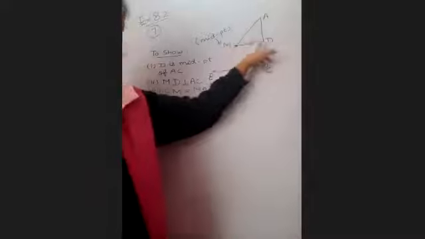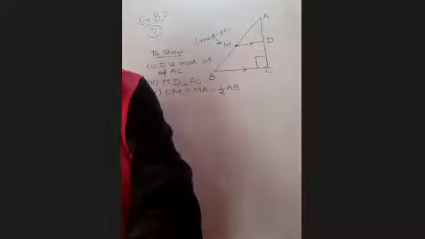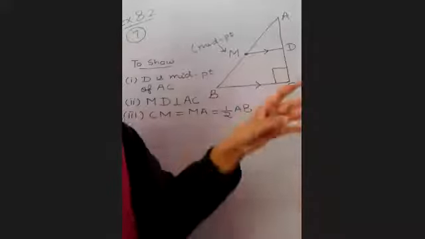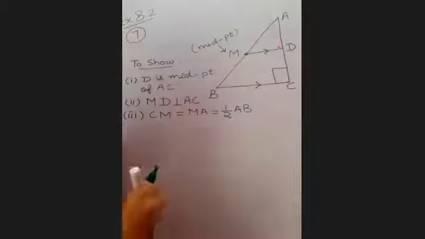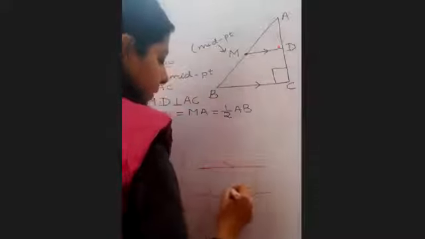Next, what they are asking us is to show MD is perpendicular to AC. Now MD will be perpendicular to AC when this angle will be what? Ma'am, 90. Corresponding angles. We know that these two lines are parallel.